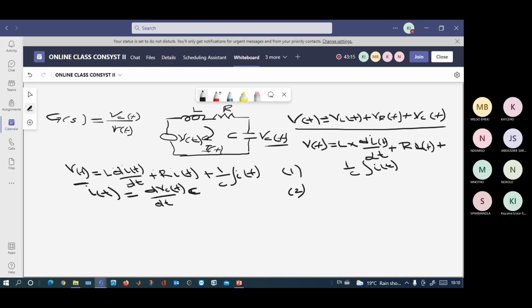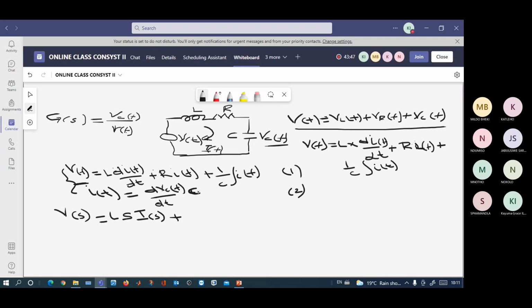It's like we have a system of equations. When we apply the Laplace transform there, it's going to give us V of s equal to L times s times I of s, plus, this is the Laplace of a derivative, that's why there is s there. Are we together, guys? Okay.